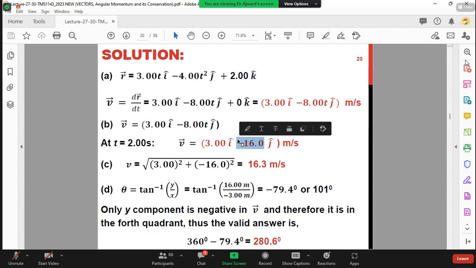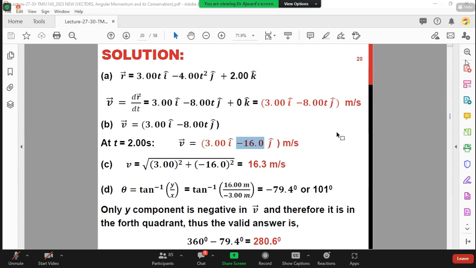So which quadrant is it in? X component positive 3, y component negative. Which quadrant? So it has to be in the fourth quadrant, right? Yes, exactly. Some people are listening very carefully to my lecture. Very good. So it has to be in the fourth quadrant.